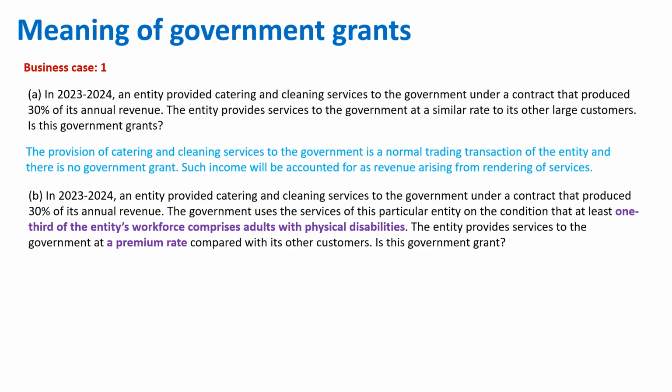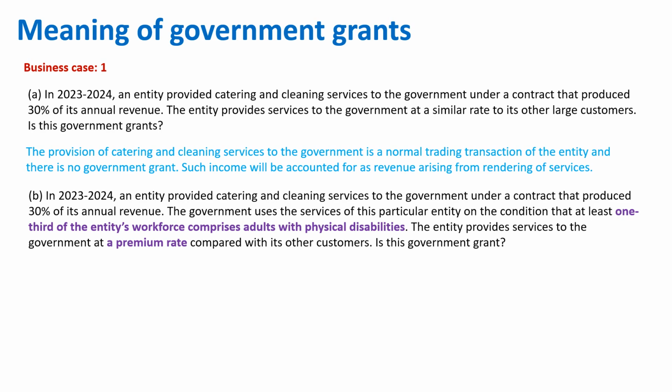The entity provides service to the government at a premium rate compared with its other customers. Is this a government grant? So here, if you see, there is a condition attached between the government and the entity. What is the condition? That one-third of the entity's workforce comprises adults with physical disabilities, right? So if the entity fulfills that condition, then the government is going to pay at the premium rate, right?